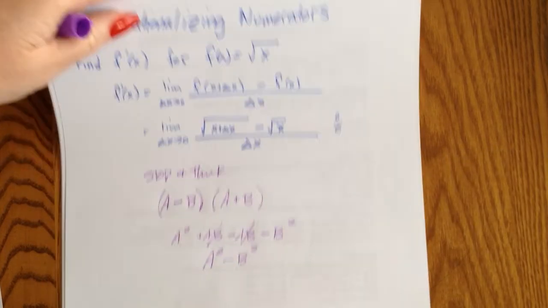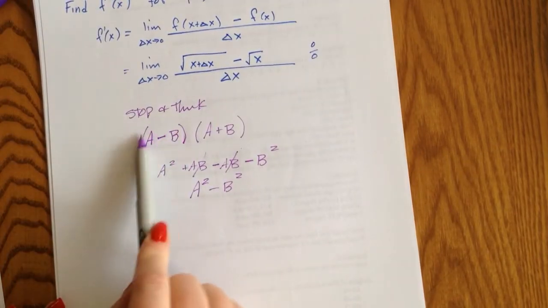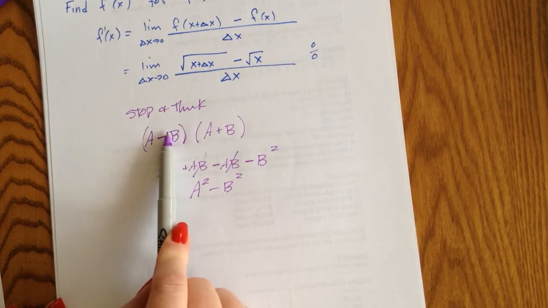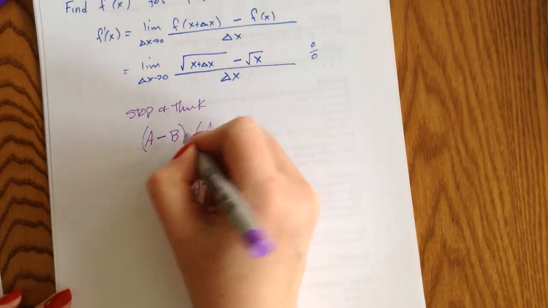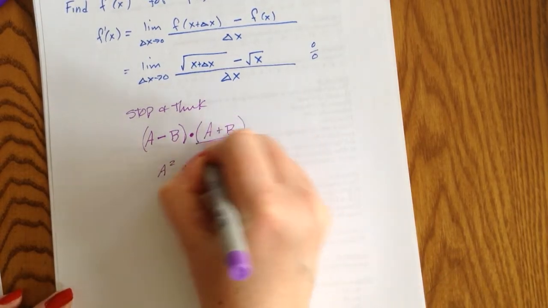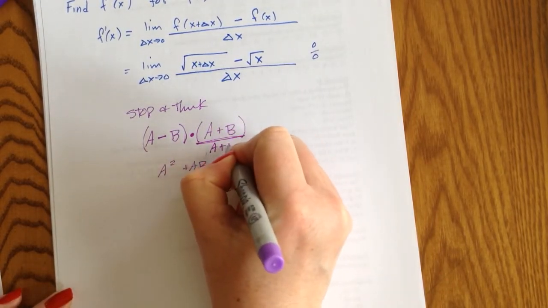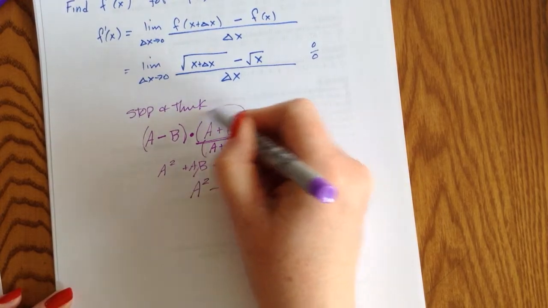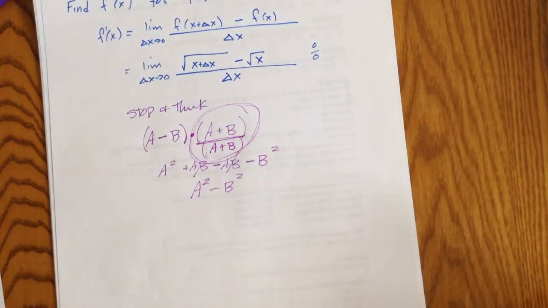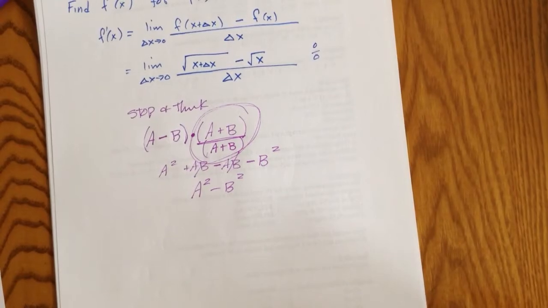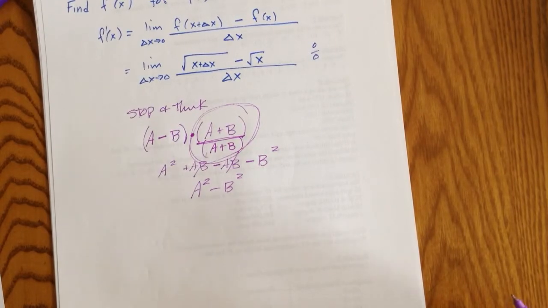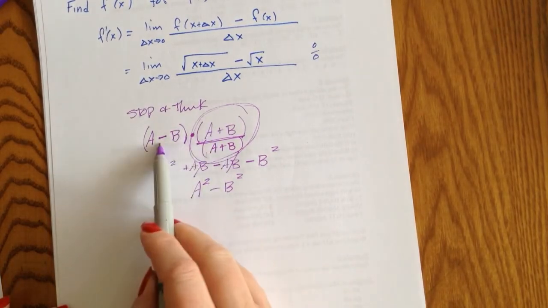Well, take a look at this expression again. If we start with an A minus B, and I want squares to show up, but I don't want to change the value, couldn't I multiply by a form of 1? If I multiply by a form of 1, I don't change the value, and I would get these perfect squares.